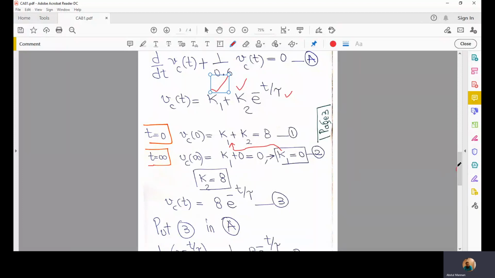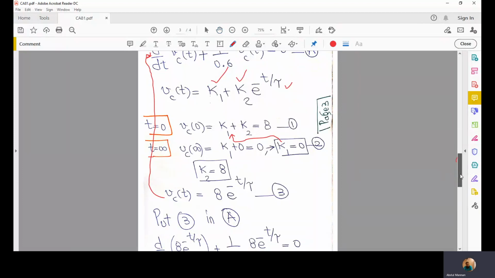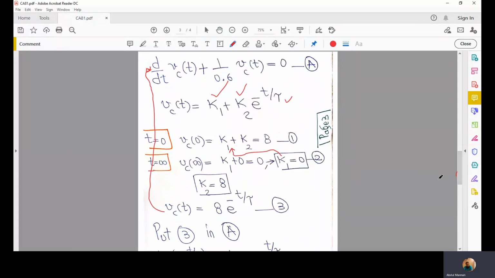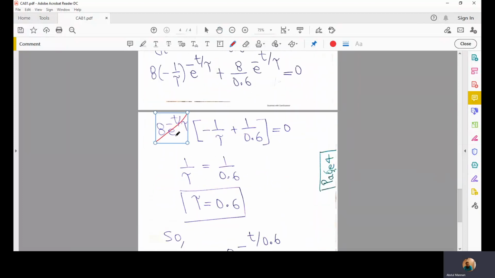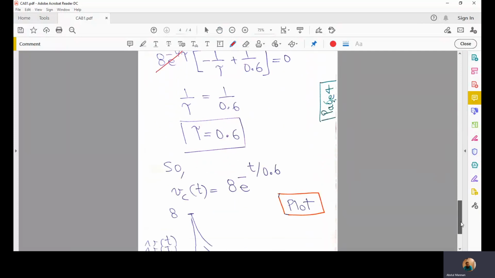For that, we put it in the basic equation, this equation number A. Putting this in equation number A, computing the time derivative first, and then putting Vc of t and solving, this cancels because we divide by 8 e to the minus t on the left and right hand sides, and we are left with this expression. 1 over tau is 1 over 0.6, so tau is 0.6.